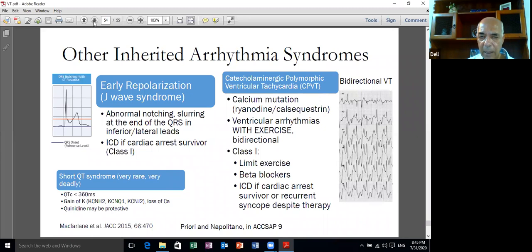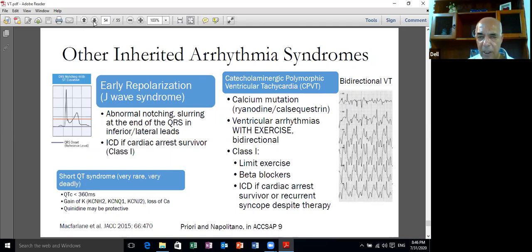Now, this is an autosomal dominant condition, but there is an autosomal recessive variant due to calsequestrin mutation, which is a protein which sequesters calcium in the sarcoplasmic reticulum. If it gets mutated, again calcium leaks in diastole, produces delayed afterdepolarization, and the polymorphic ventricular tachycardia of CPVT.